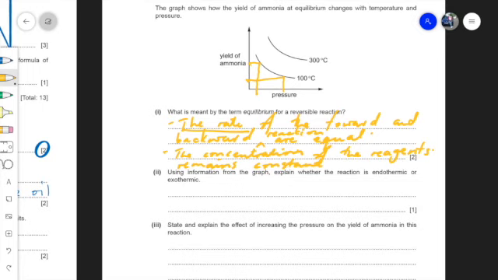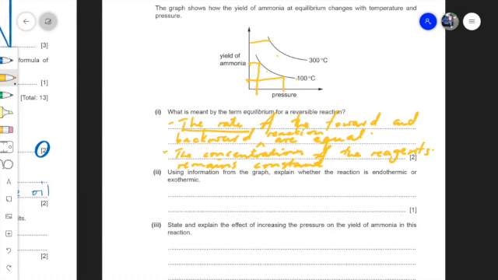Okay, so let's look at the temperature. You are going to notice that at low temperature, your yield is low, and at high temperature, your yield is high. So you've got more product at high temperature.